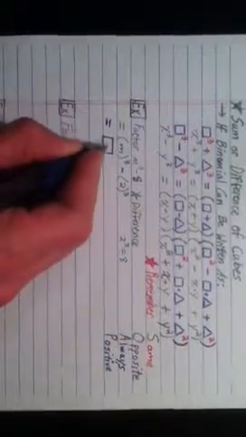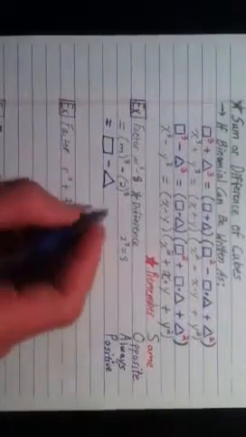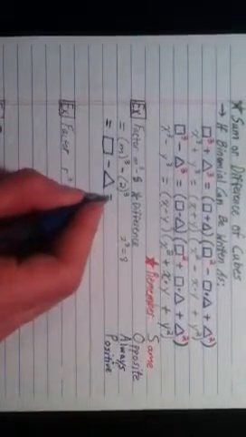If that looks confusing, here's how it'll work. M is our box, the first term that we're cubing. Minus 2 will be our triangle, the second thing that we're cubing. So let's fill this in.